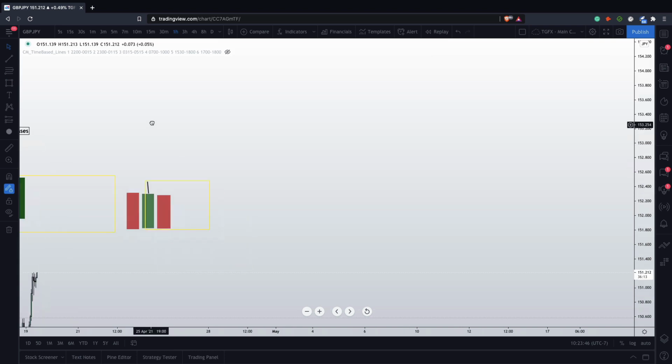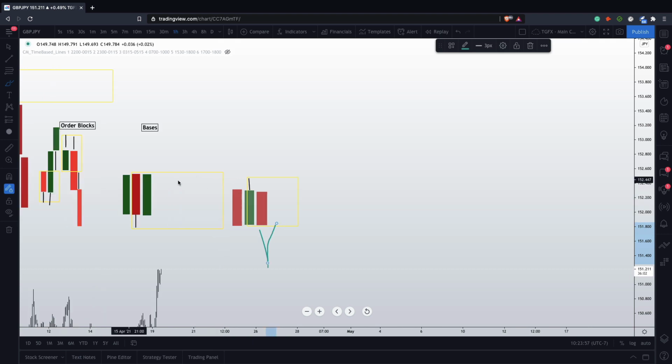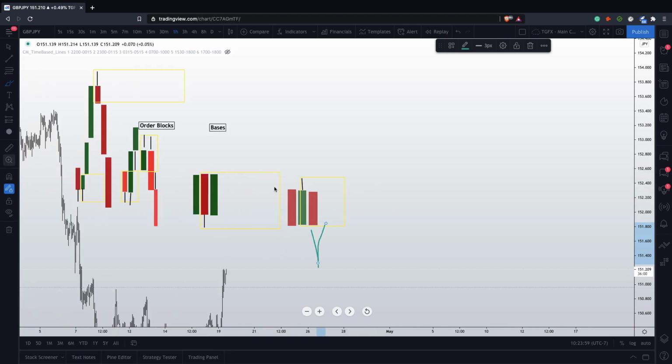All right, and basically what we want to see price do is push away from our continuation pattern, come back and retest it. And we understand that you can call any of these patterns order blocks or bases. That doesn't matter so much.